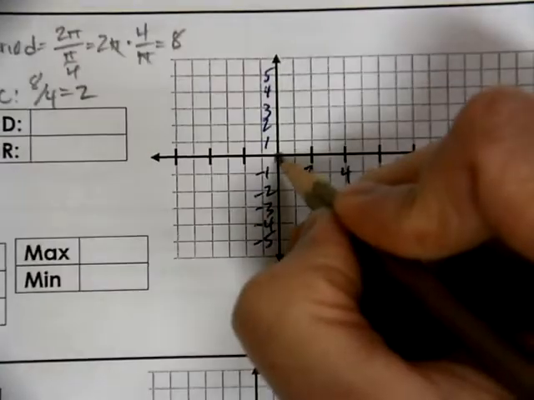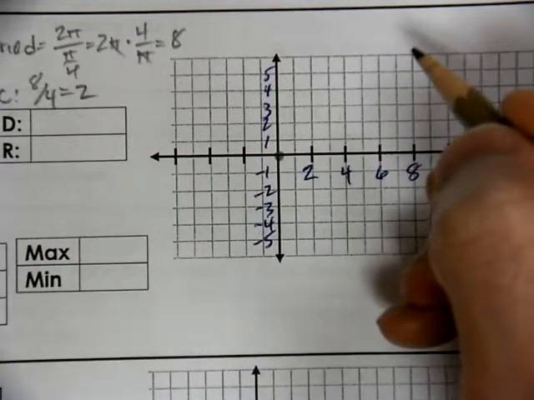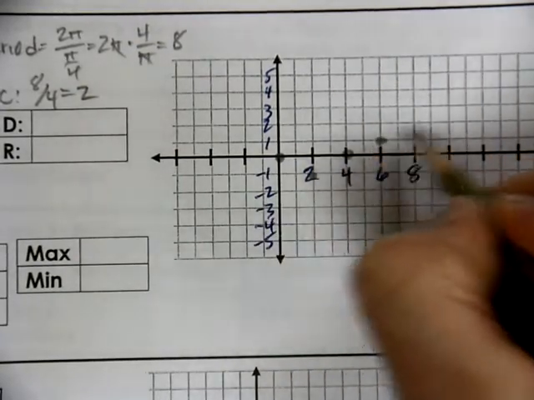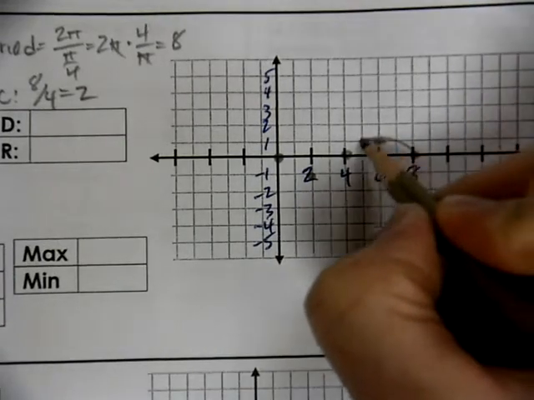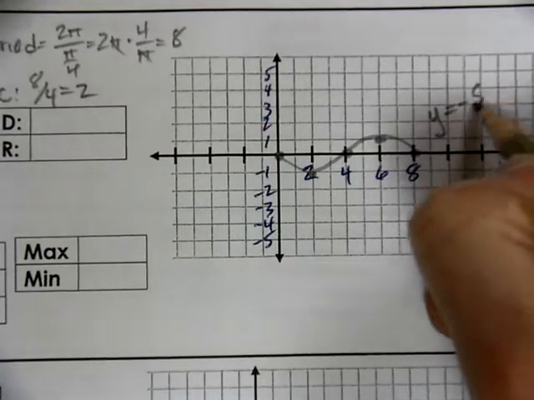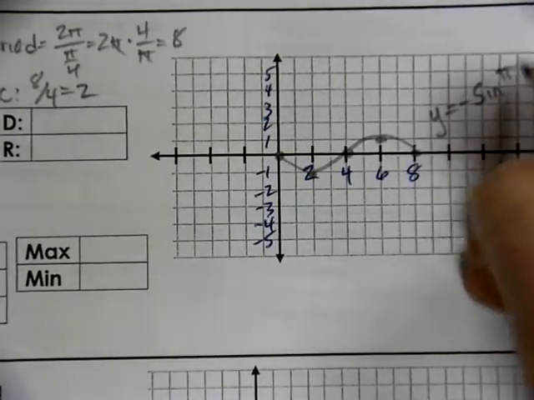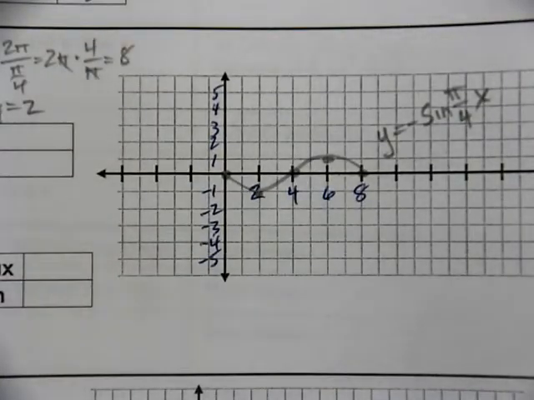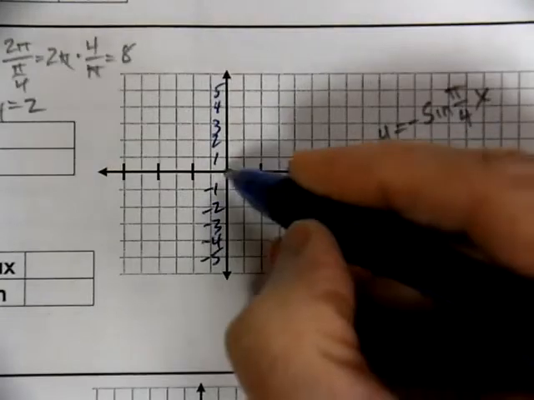So sine is 0, 0, and as a reflection, so it comes down. So this is y equals negative sine of pi over 4x. And then we're going to translate that 4 units down.